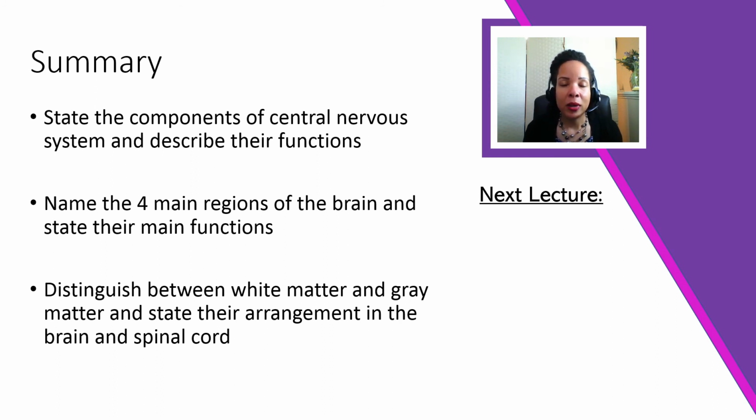Then finally we had the cerebellum, or the little brain. Remember that its main job is to refine motor movements, especially those that are learned and repetitive, like the movements you learn when you're trying to play a musical instrument, or when you're dancing and you're doing a special move that you've learned.